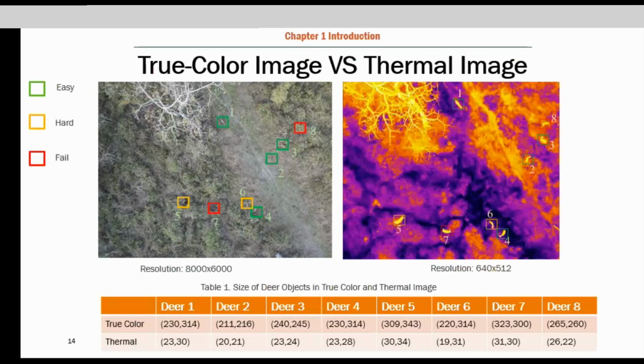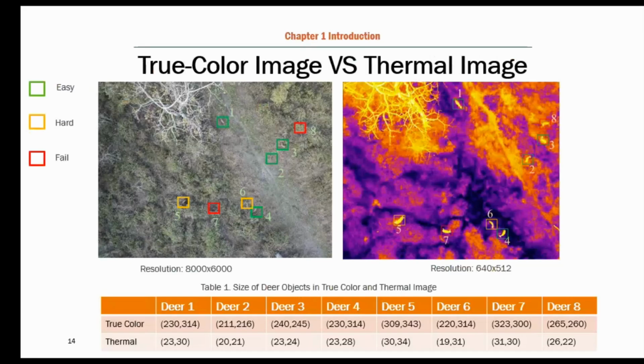Detecting them is very difficult. The right displays a thermal image. Despite its low resolution, the thermal signatures of these animals can stand out against the cooler background, making their detection much easier. That's the main reason we chose to use thermal images to monitor wild animals.